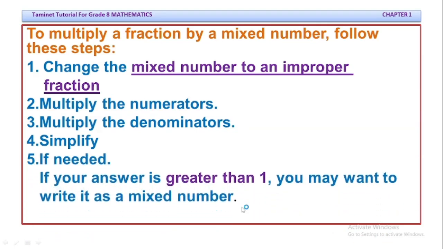If needed, if your answer is greater than 1, you may want to write it as a mixed number. That means if the product is an improper fraction, you can change it into a mixed number. So this is the way.